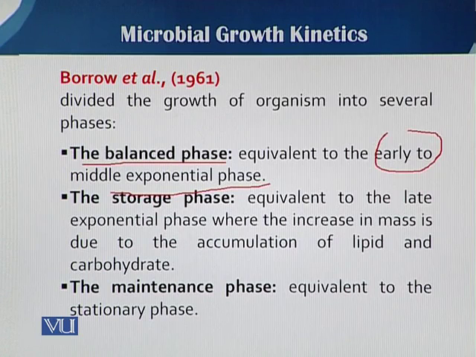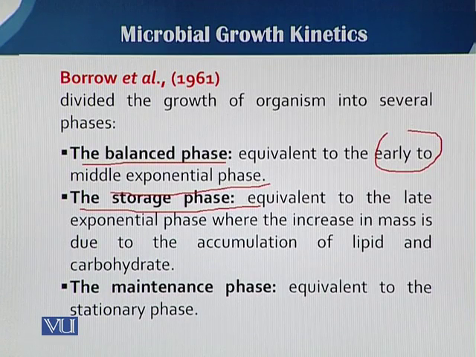The balanced phase refers to the early and middle exponential phase, or we can say the early and the middle log phase. As concerned the second, which we call the storage phase, it is equivalent to the late exponential phase, where the increase in the mass is due to the accumulation of lipid and carbohydrates inside the cell.